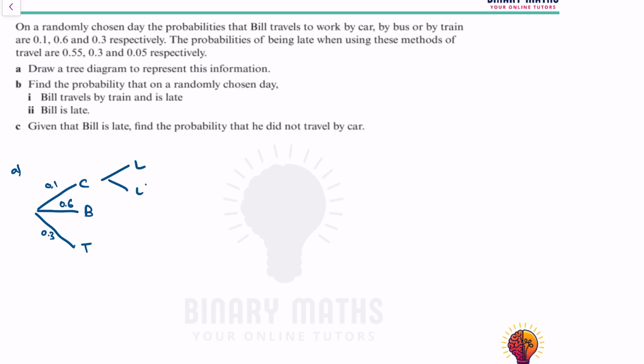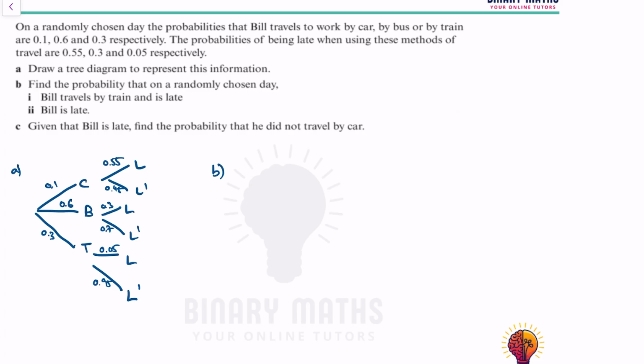So late and not late, late and not late, late and not late. So late is 0.55, which means not late will be 0.45. Late when he travels by bus is 0.3, so it'll be 0.7 for not late. Late for train is 0.05, so not late will be 0.95.